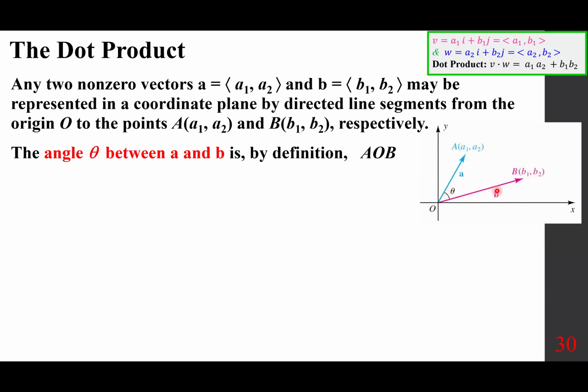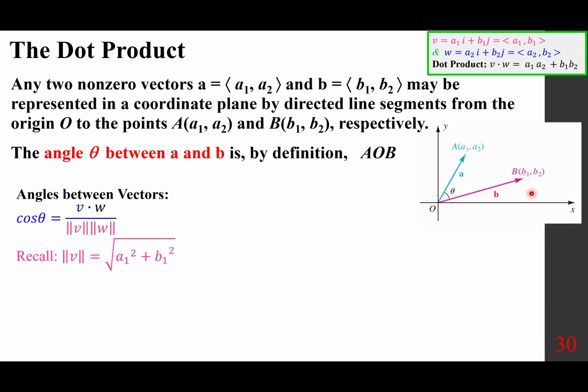So this is the A vector, this is the B vector. The angle theta between the two is by definition this angle AOB. And we've already discussed that it is their dot product divided by the product of their magnitudes.